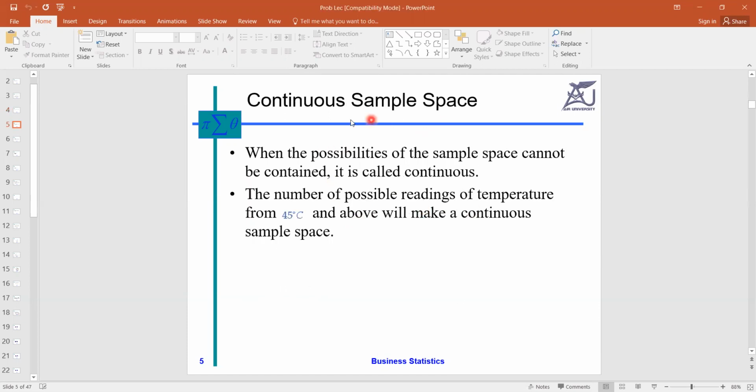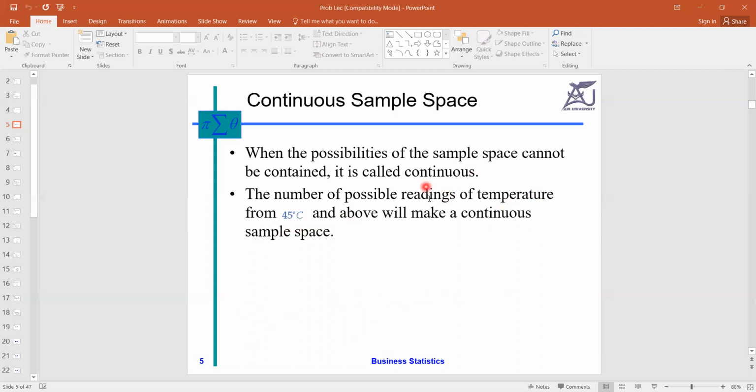Now the other type of sample space is the continuous sample space. How can we define it? Basically, whenever it is not possible for us to write each and every element of the sample space easily, that makes it a continuous sample space. Like the temperature reading from 45 centigrade and above.